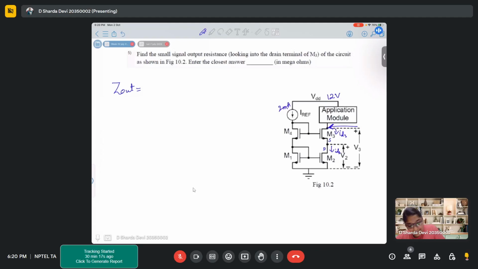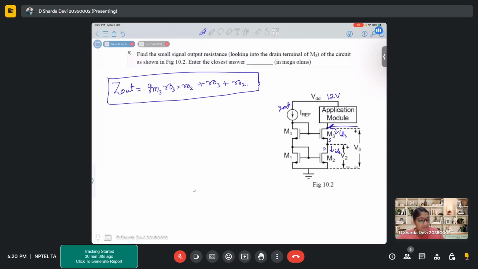I'm directly writing the formula. So it is GM3 R03 into R02 plus R03 plus R02. So this is what the formula comes out for this type of configuration when you have two transistors in cascade and their gates are in mirror configuration with diode connections.